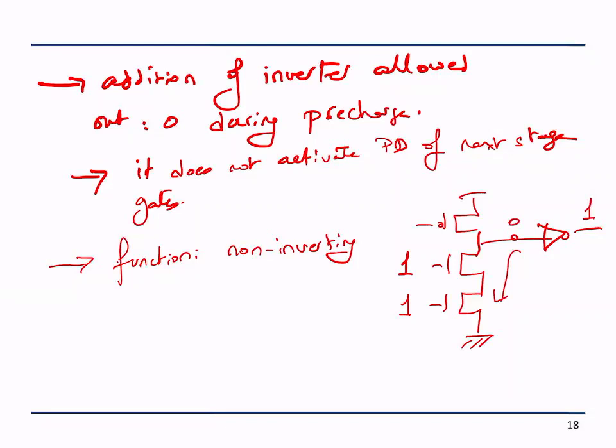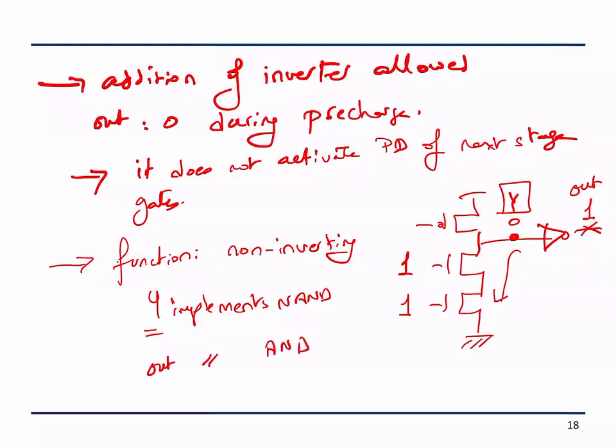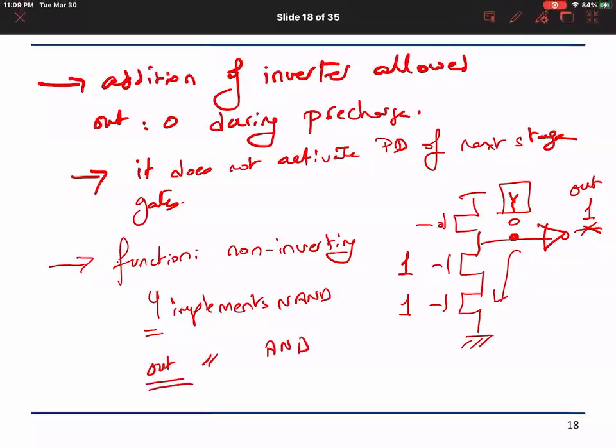So if Y implements an AND, this node Y here, then out implements an AND because it really requires an inverter afterwards. So this is the idea here.